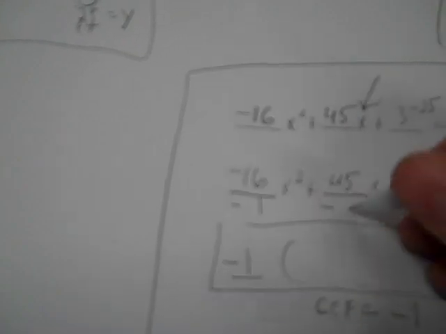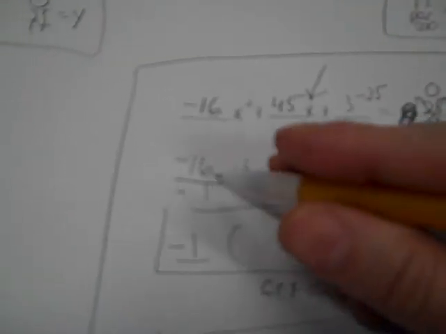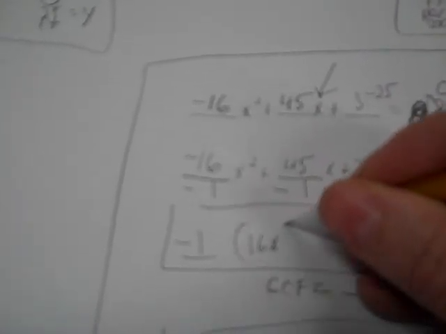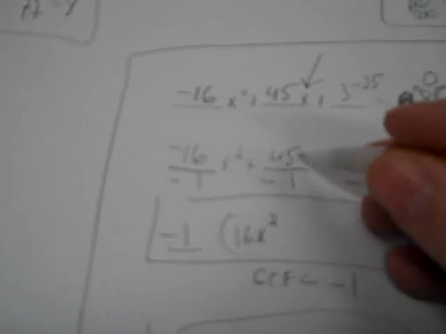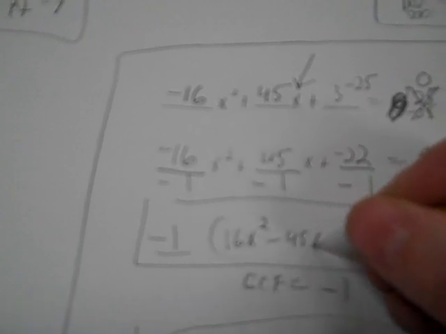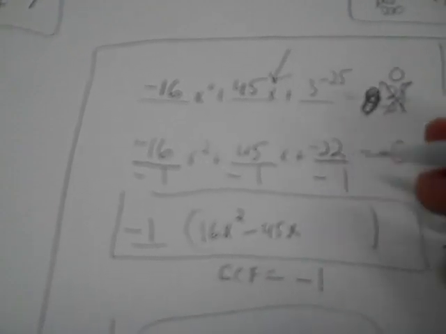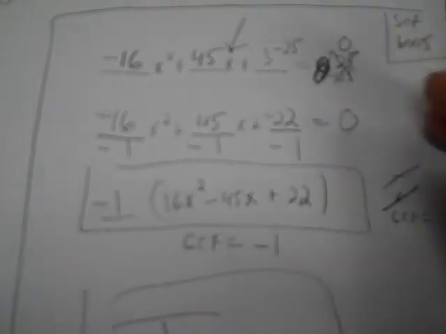Okay, now I GCF 16, 45, and 22. Okay, I got 1. But it's negative, so I have to actually do that, okay? So that switches to positive 16. When you're dividing by 1, it stays the same, but the sign switches. And that goes from plus 45 to minus 45x, and from negative 22 to positive 22.